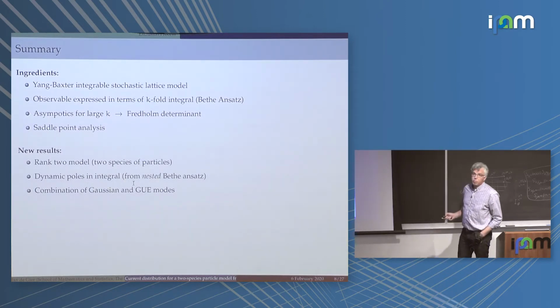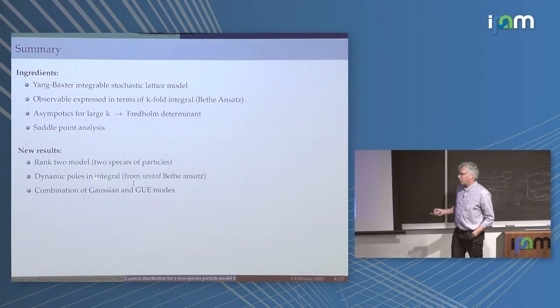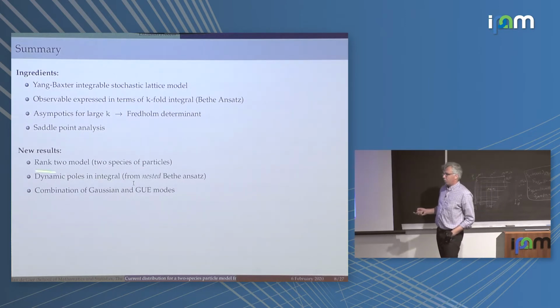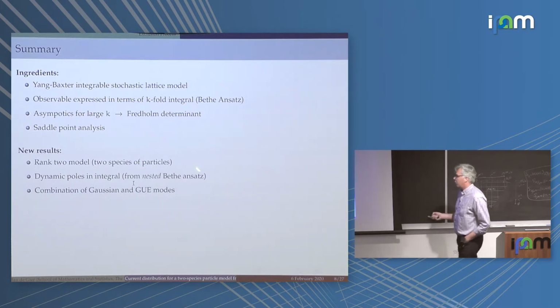It will be an integrable model, which means we can do step 2, but now this integral will have some dynamic poles. The experts will probably understand what that means, but I will show some formulas of what it means, and that complicates things quite significantly.